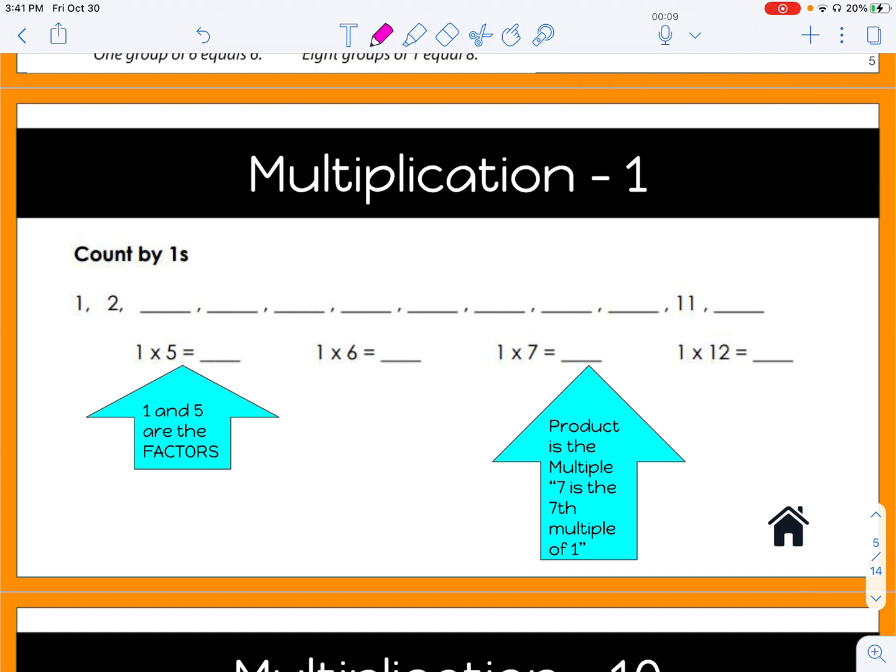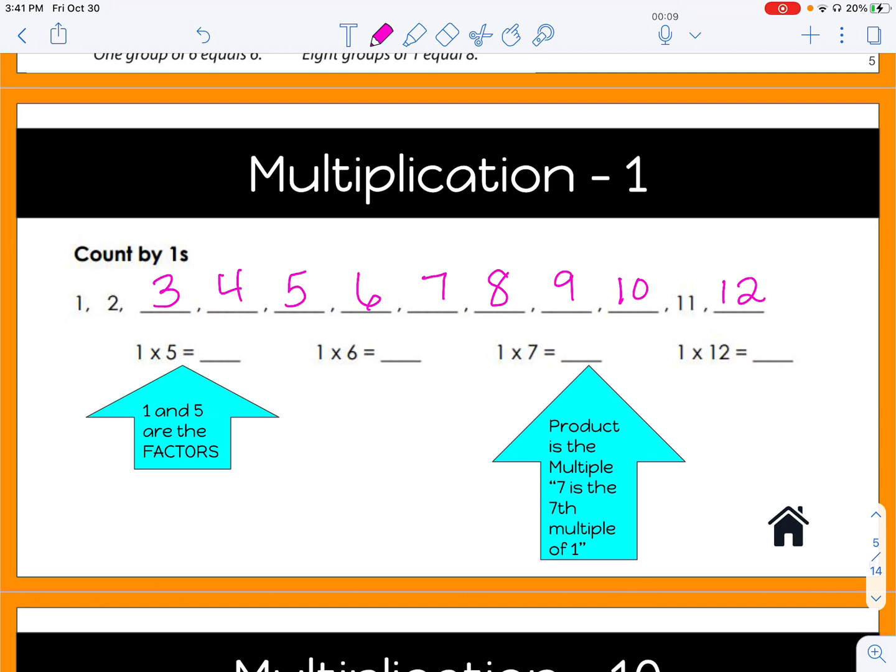So if I were counting by ones, this is going to be kind of like a number line, because when we're counting by ones, we're going to go 1, 2, 3, 4, 5, 6, 7, 8, 9, 10, 11, and 12.